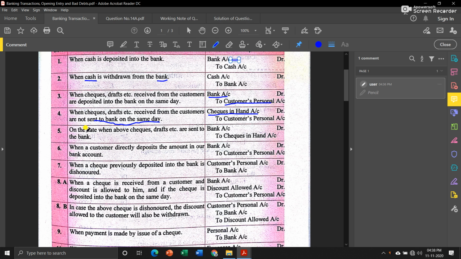Okay, then on the date when above checks, drafts, etc. are sent to the bank. Now in point number 4, we kept that check in our hand, we didn't send it to the bank.